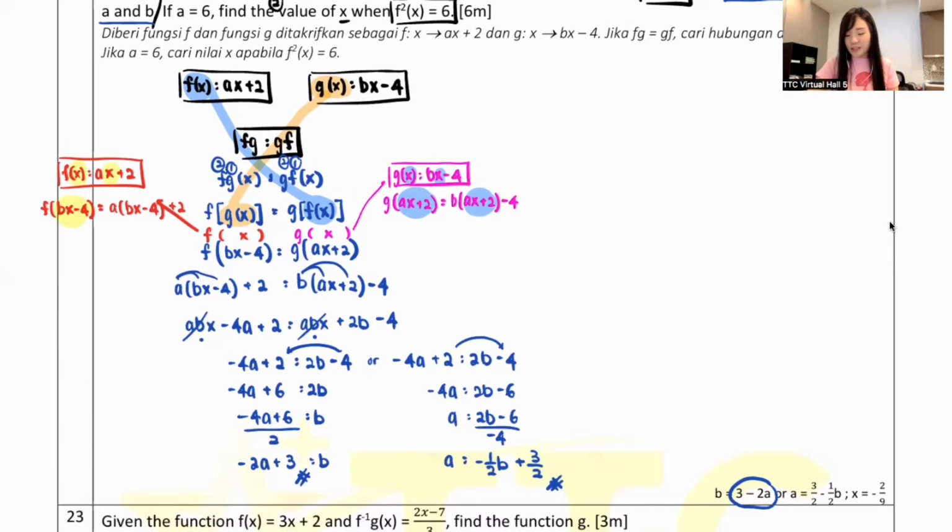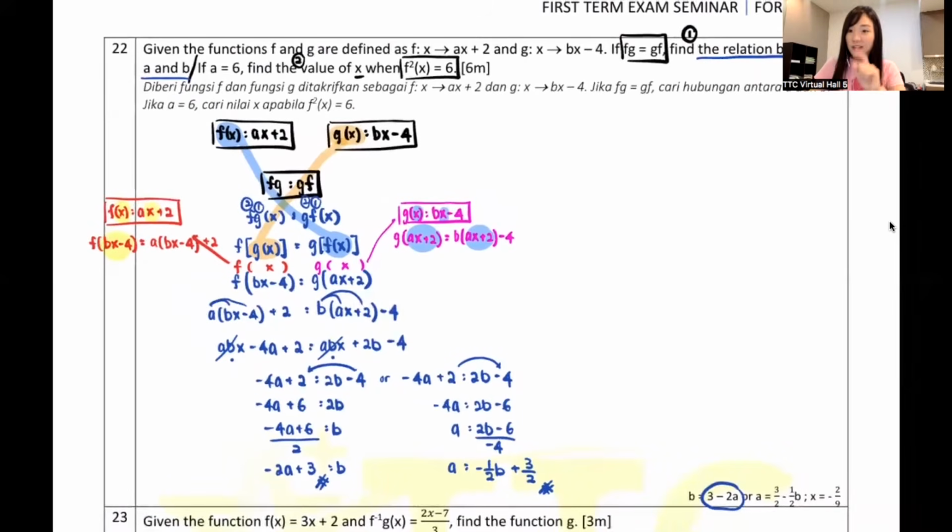Yep. Okay, good. So guys, this is how you find the relation between it. I make it smaller. Next one. This question I haven't done yet. This question, they say A equivalent to 6. Suddenly they tell me the unknown A is actually 6. Then they say, find the value of X if f squared X equivalent to 6.